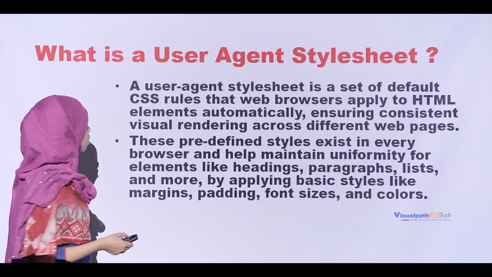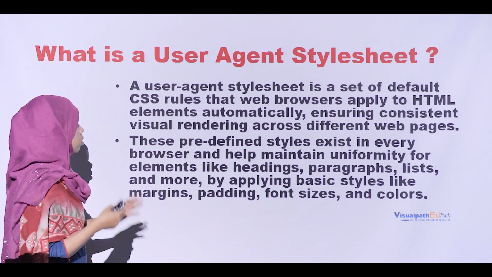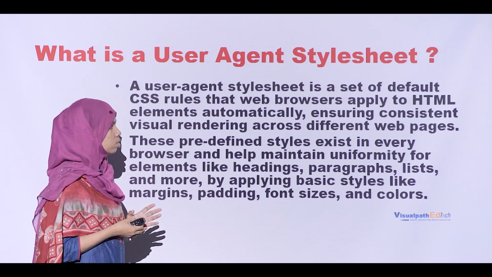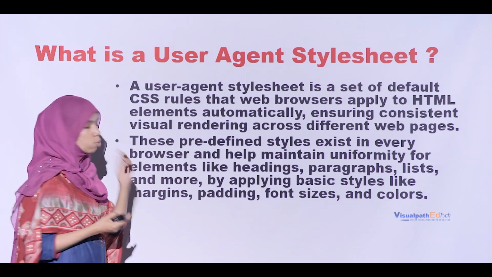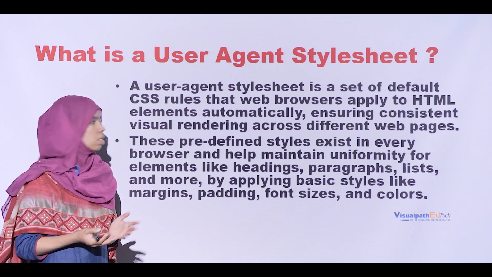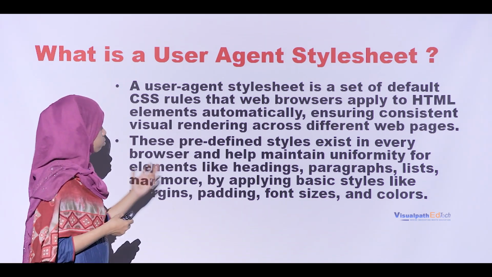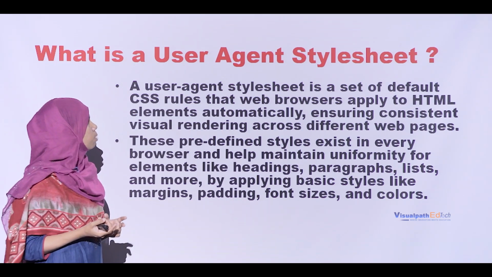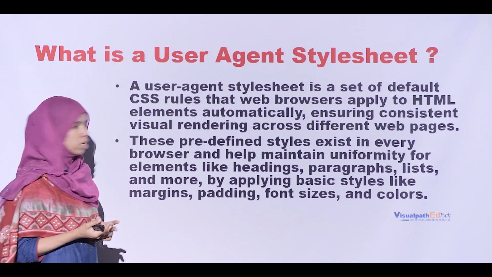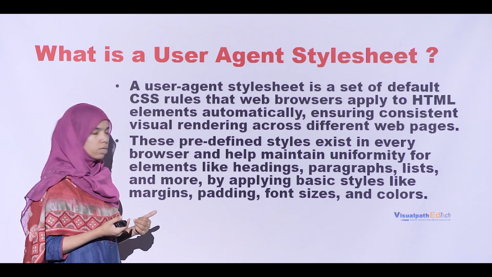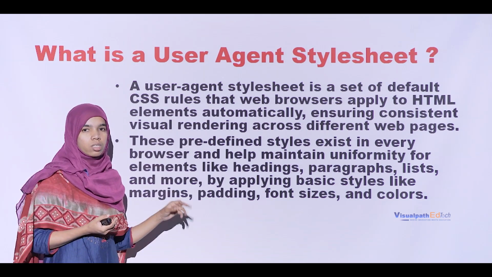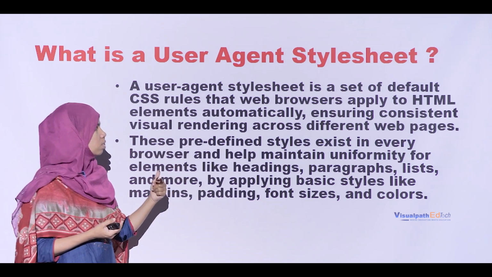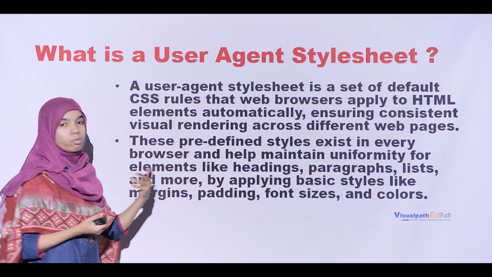Now, what is a user agent style sheet? This is a set of default CSS rules that the browser applies to HTML elements automatically. User agents ensure consistent visual rendering across different web pages. Suppose you apply styles to any web page, the CSS is automatically considered by the user agent, giving consistent visual rendering.